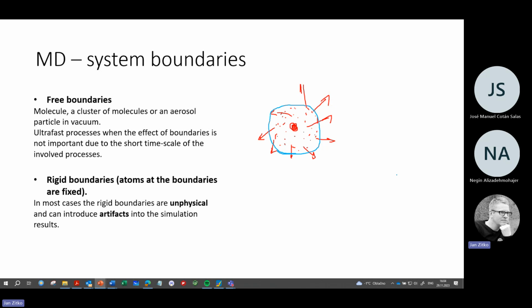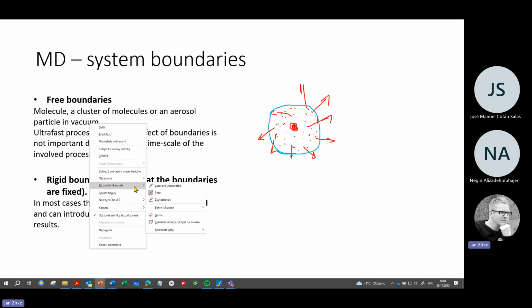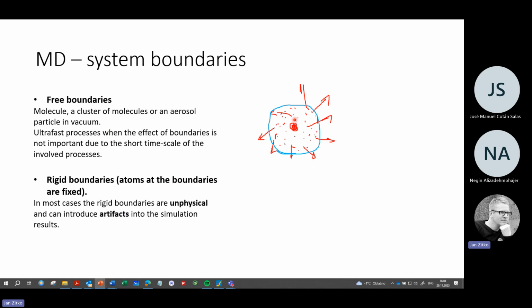As soon as a particle goes close to the barrier, there will be a force which will try to push it back. You feel that this is not very natural, because normally we do not have a force which pushes something back. This can be unphysical and can introduce some artifacts into the simulations.